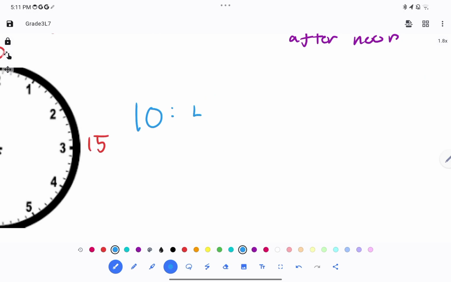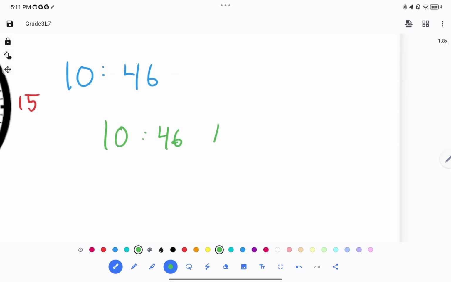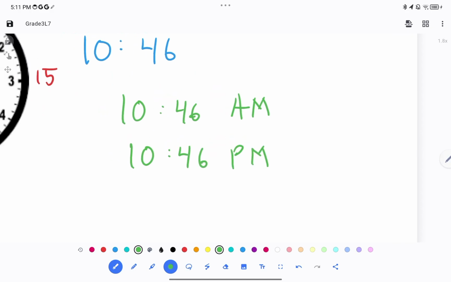So it's 10:46, which could be 10:46 a.m. in the morning, right before noon, or 10:46 p.m. at night.